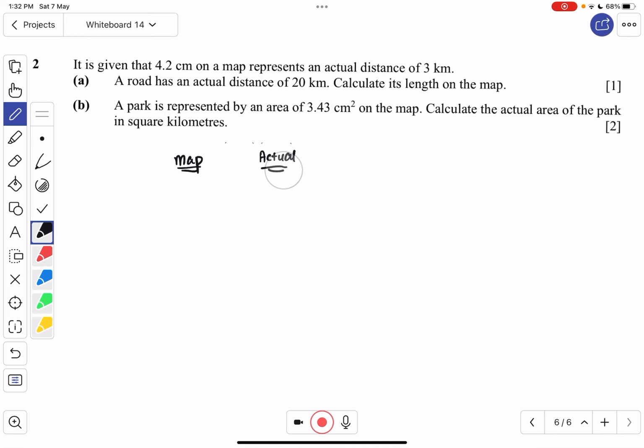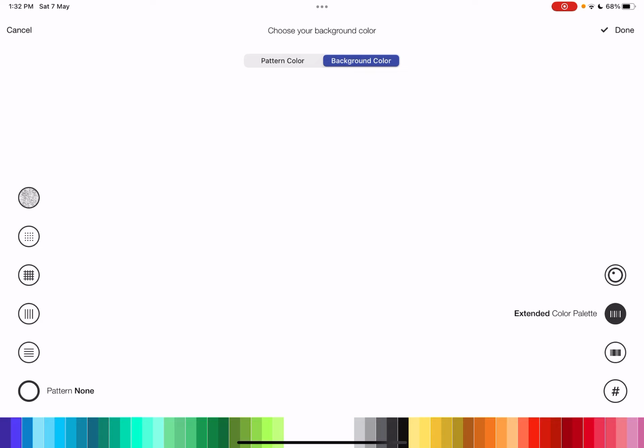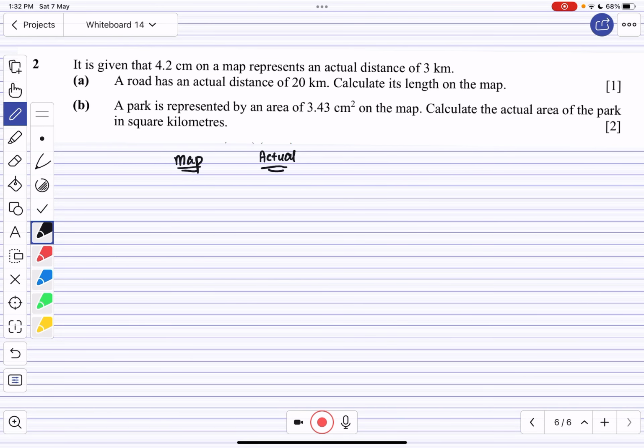Okay, so we know that 4.2 cm, remember to write down the word cm, it's very important because the units are different, represents 3 kilometers.